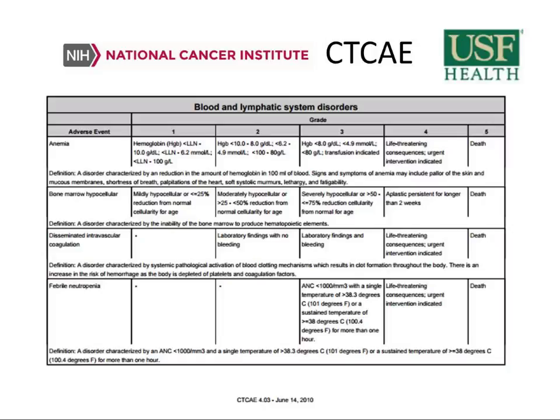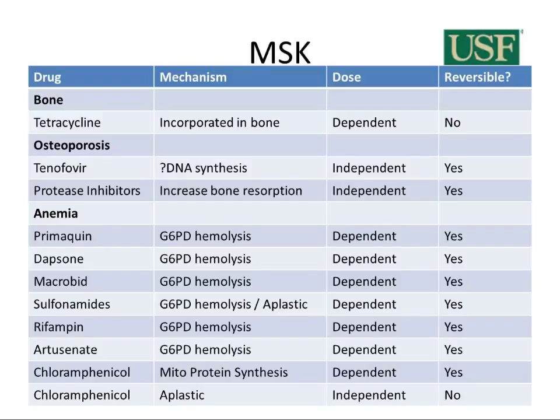And they do it for every system that there is. I just picked one, which happened to be blood dyscrasias. Basically they rank it from 1 to 5, with 5 being death, and you're not going to give that chemotherapy. But for some of these, from 1 on up, an expected risk-benefit ratio may be acceptable. So, let's see here.